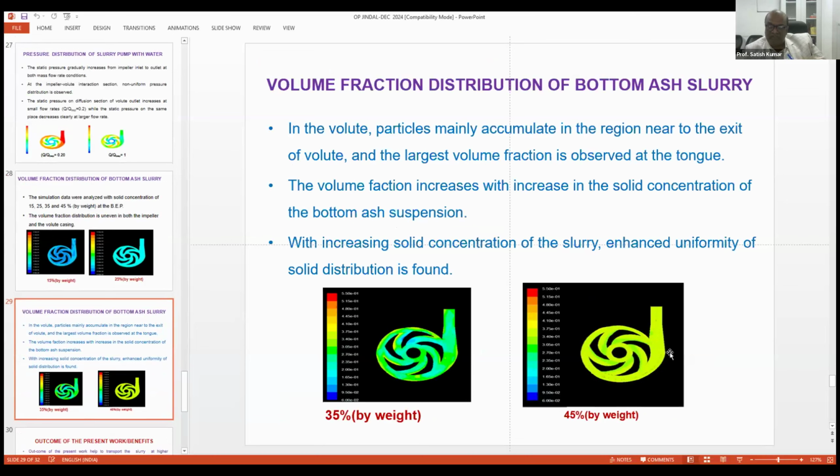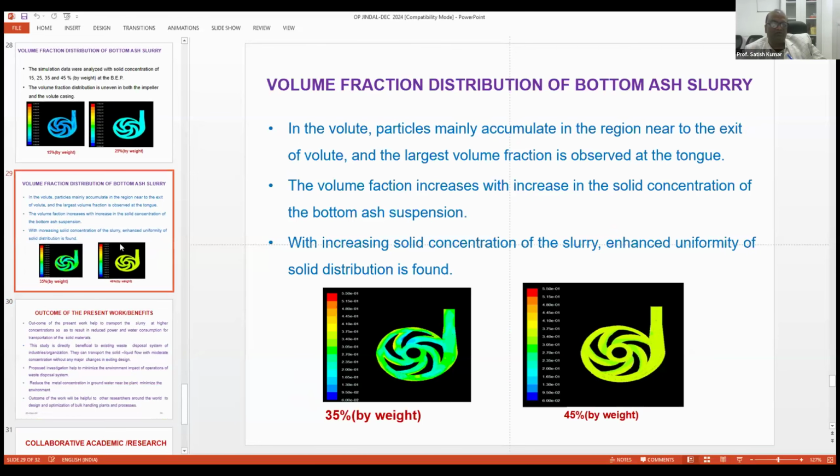When the flow becomes uniform, you know that when solid particles impact the metallic surface, they produce erosion wear. So at the lower concentration you will get more erosion. When you go up to 45%, your erosion problems will also reduce.